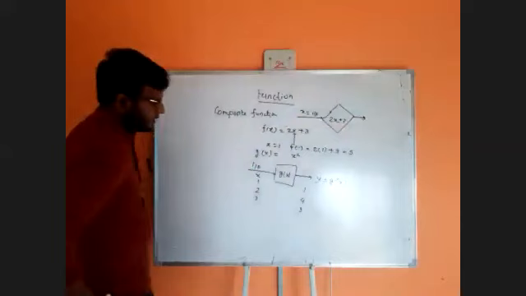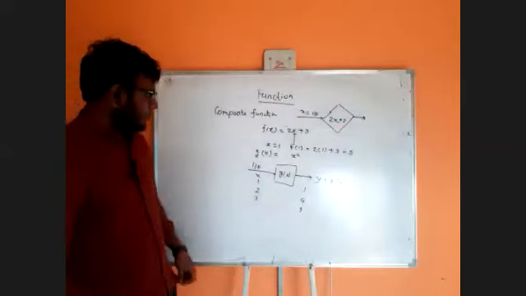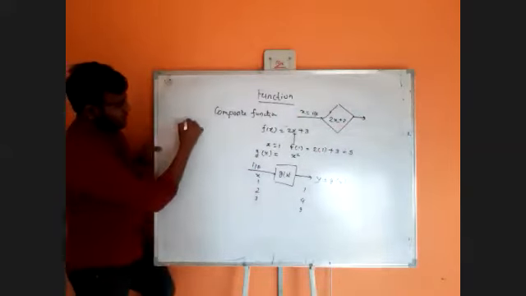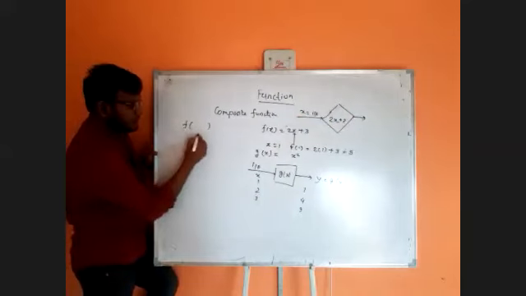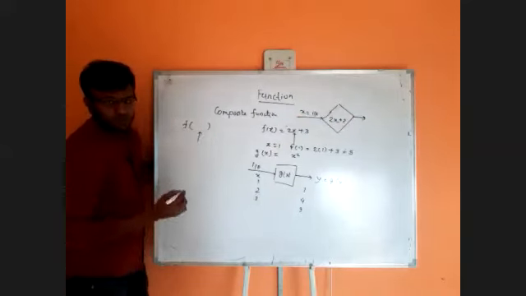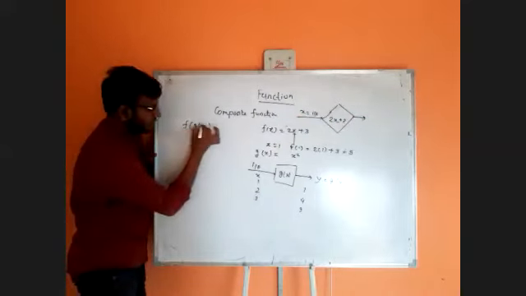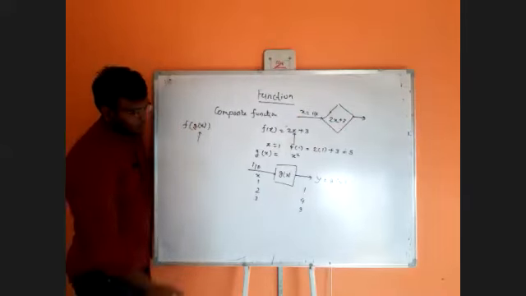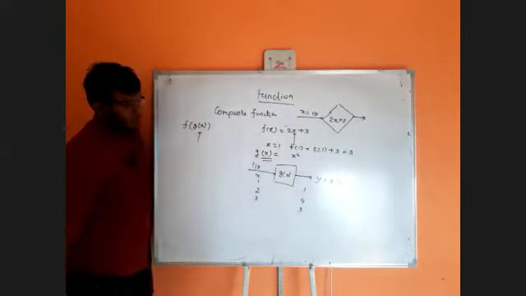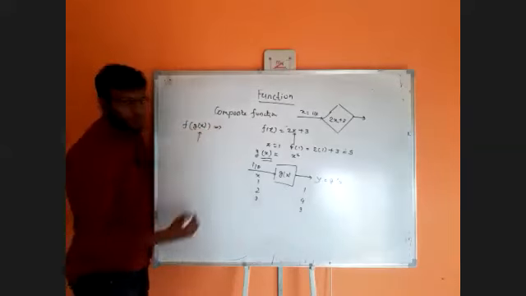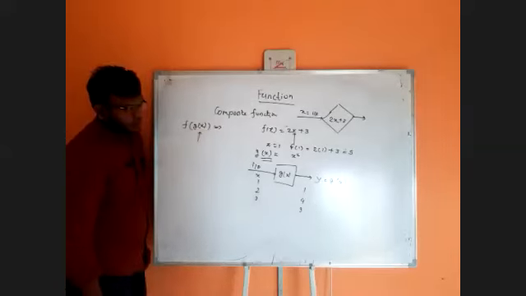Now what a composite function says is that the input to this is no more x, the input to this is another function, g(x), and then I will start giving you the output. You got it? That's what I'm trying to say.